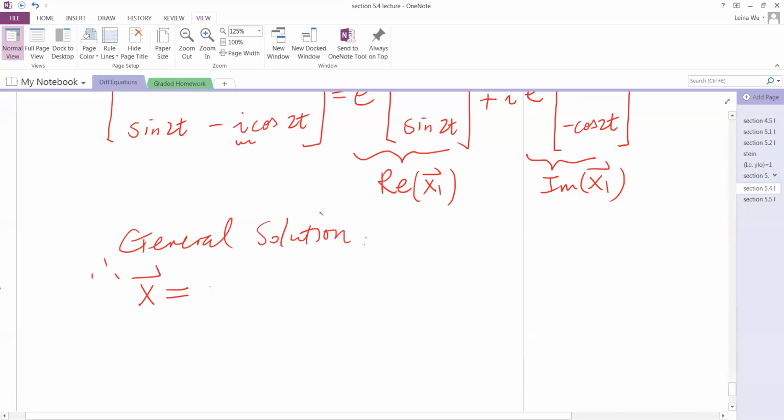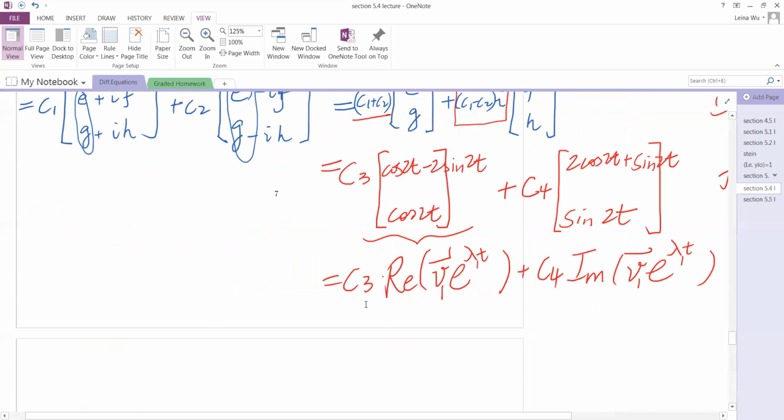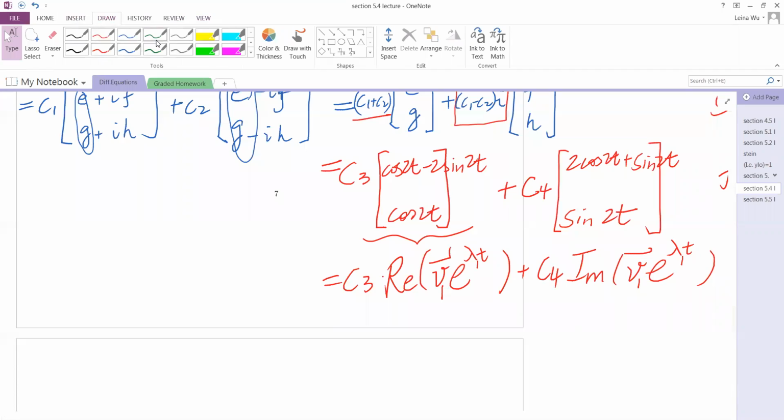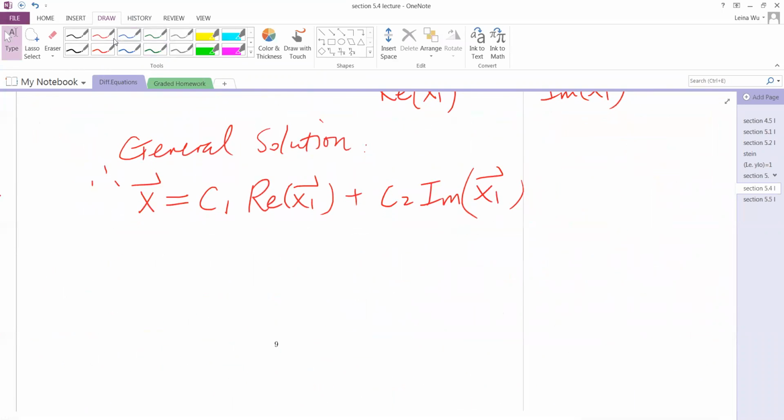Since we haven't used the C1, C2, I'm just going to say C1 times the real part of x1, plus C2 times the imaginary part of x1. So just use this conclusion that we did previously. Let me box this part out. So we're just going to apply over here.